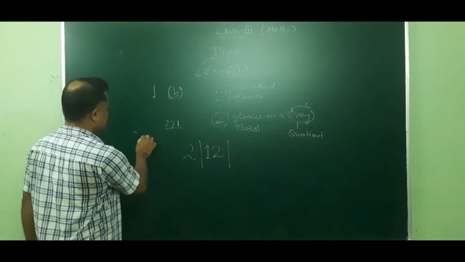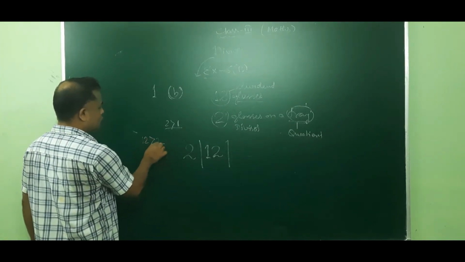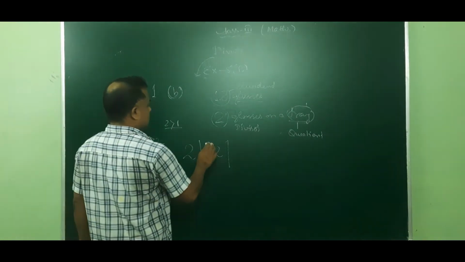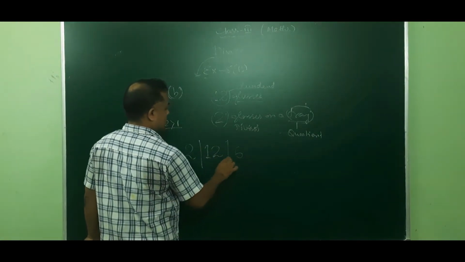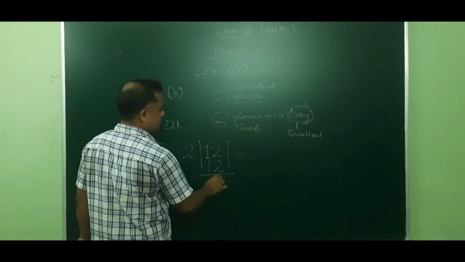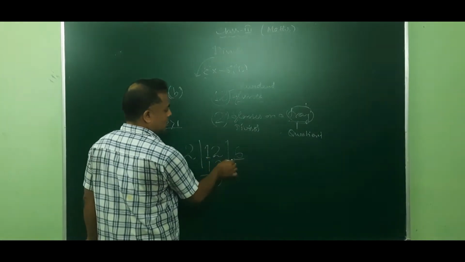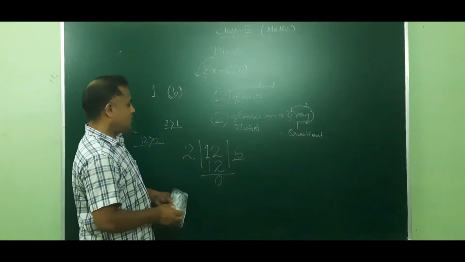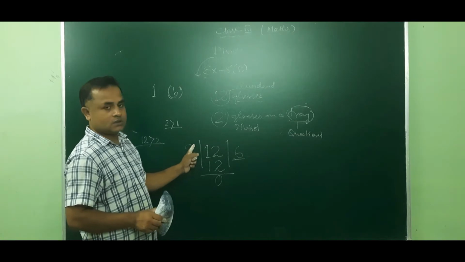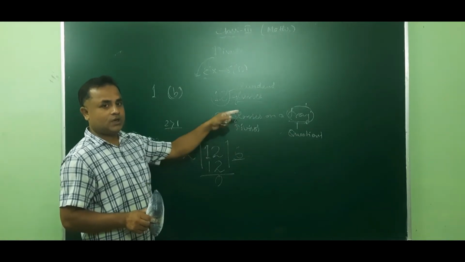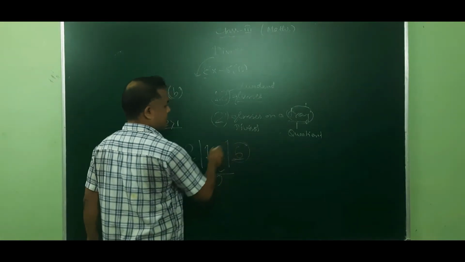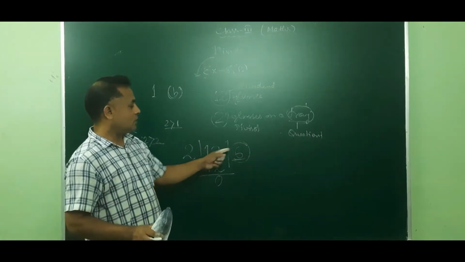Now 12 is greater than 2, so we can divide. 2 goes 6 times and the remainder is 0. So this is the answer. That means out of 12 glasses, if I put 2 glasses on a tray, how many trays do I require? That is 6 trays.